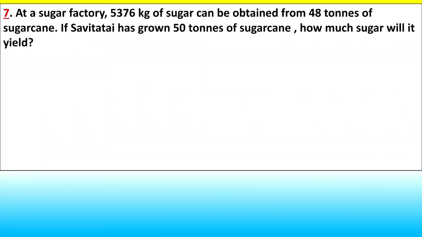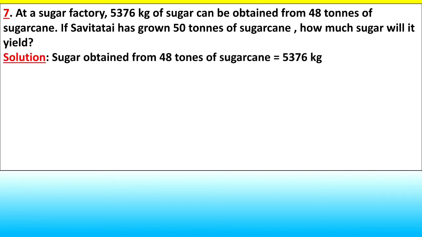Question number 7. At a sugar factory, 5,376 kg of sugar can be obtained from 48 tons of sugarcane. If Savita Tai has grown 50 tons of sugarcane, how much sugar will it yield? So sugar obtained from 48 tons of sugarcane is 5,376 kg.